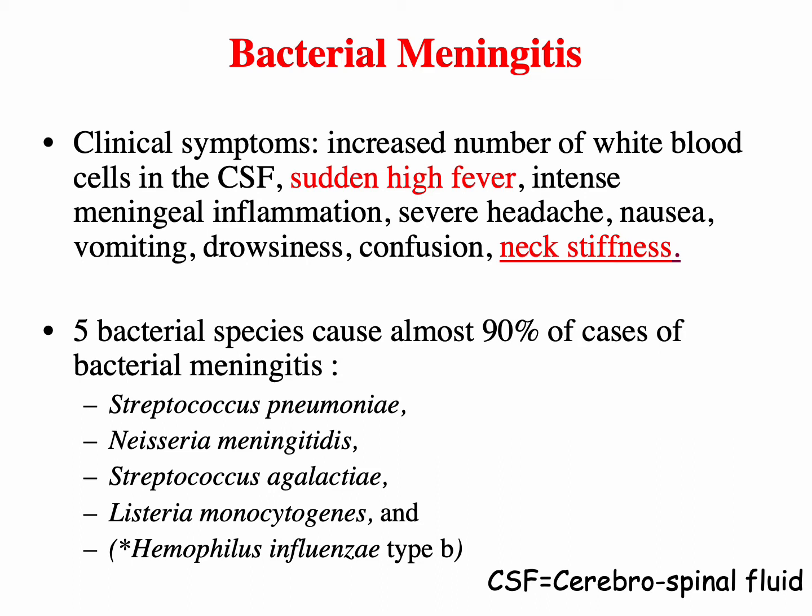Sudden onset of high fever means that in one minute the child may have a normal body temperature, and the next minute the temperature shoots up to 40, 41, 42, a high fever. It suddenly just comes about, that fever.